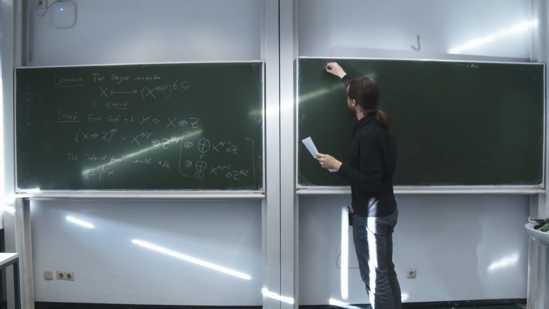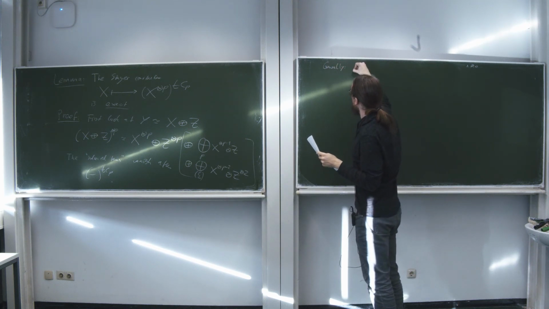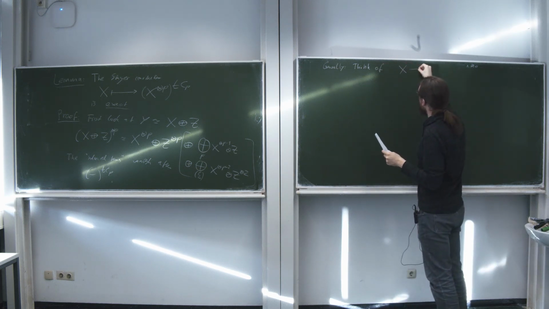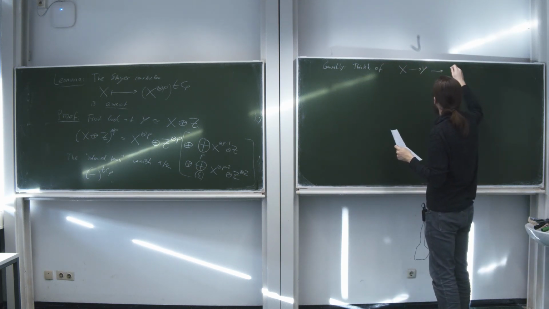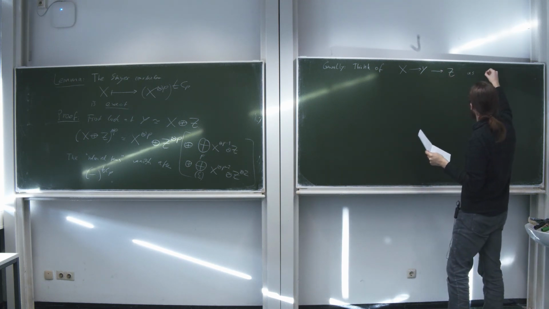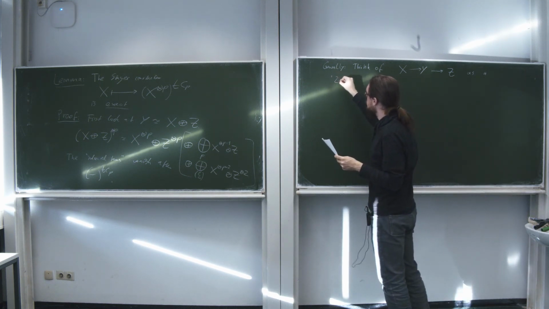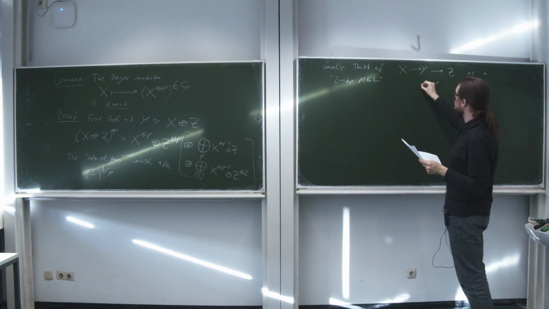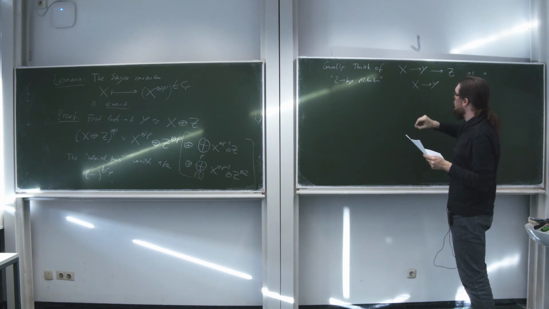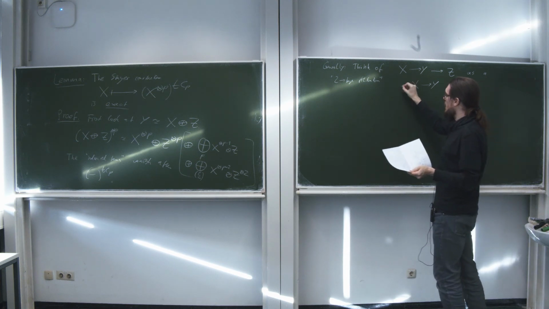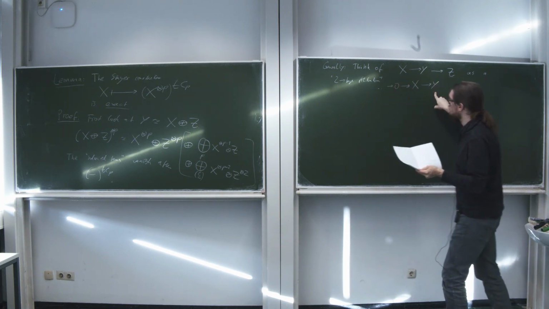For the general statement, we think of a cofiber sequence, x to y to z, as a two-stage filtration on the middle term, on y, where we think of x as the filtration greater or equal 1 stuff, and then we have zeros.